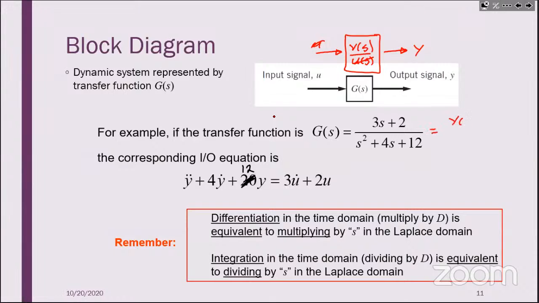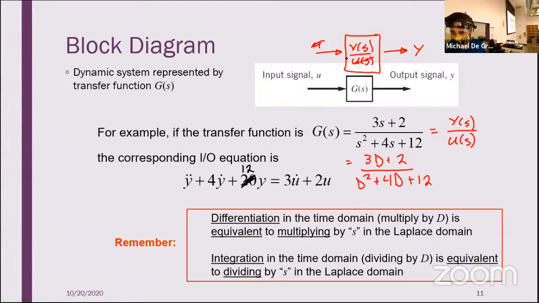Remember, equal to that. And if I wanted to put this to the time domain, I can use my time domain variables, right? My D operator. Use my D operator.